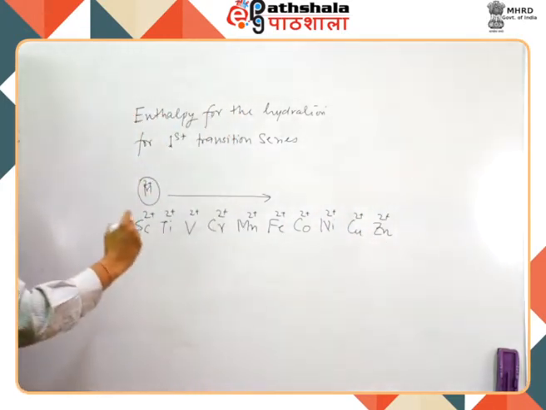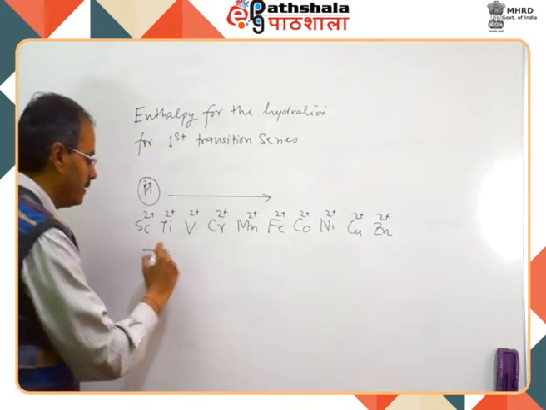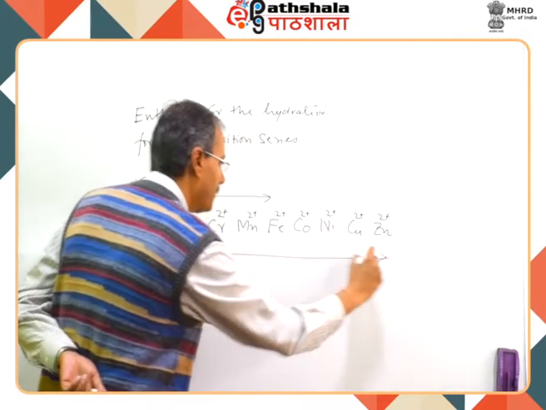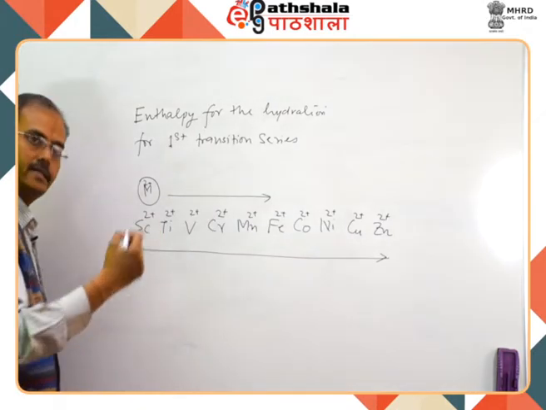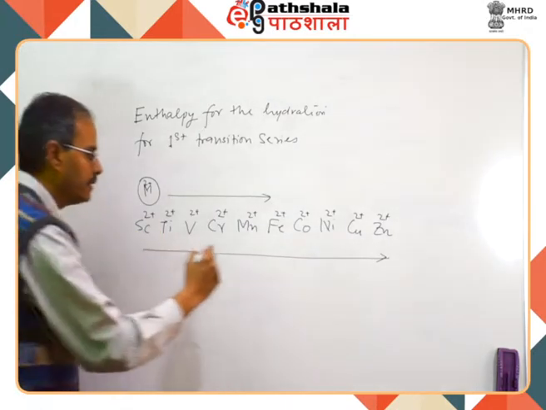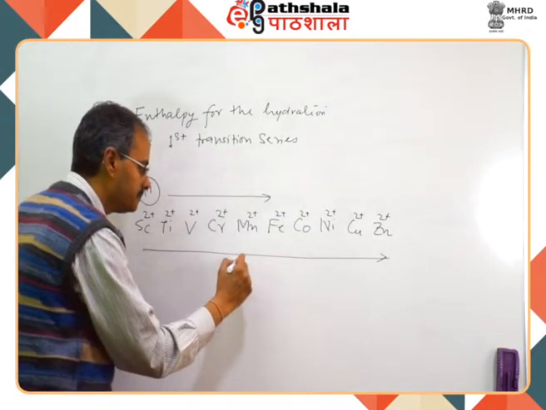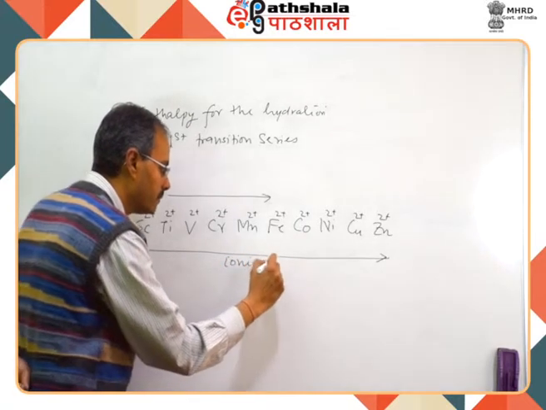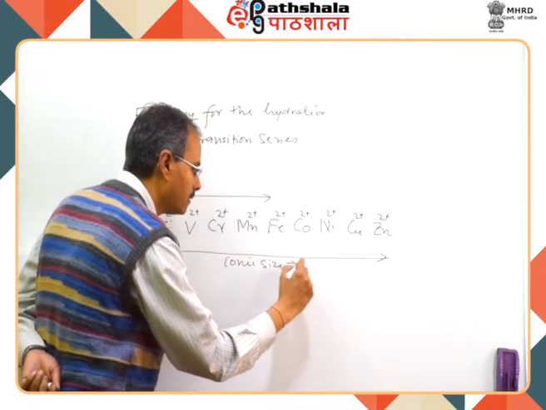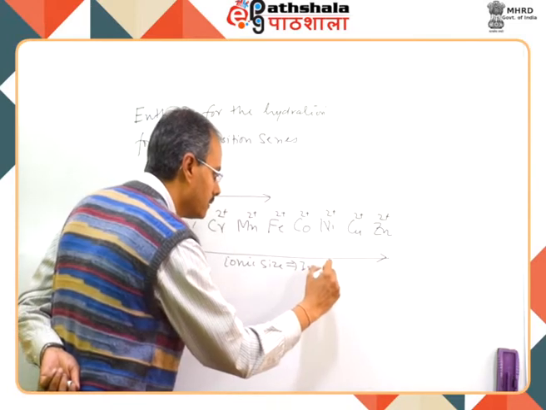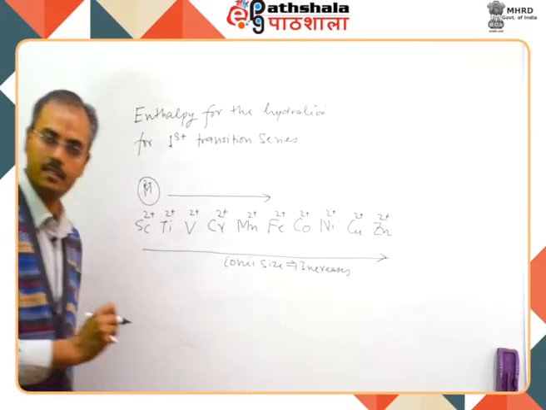So when we go along this side, what happened to the ionic size of the metal ion? The ionic size actually increases.